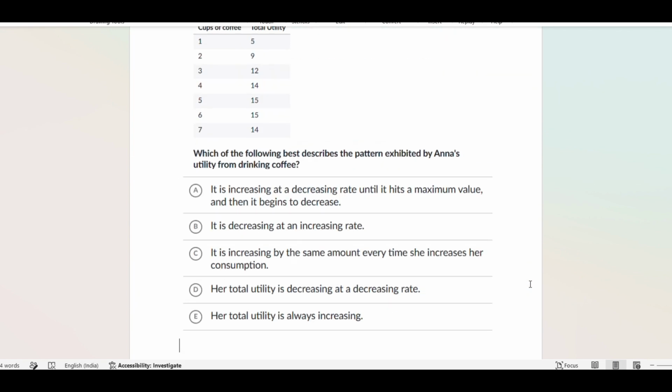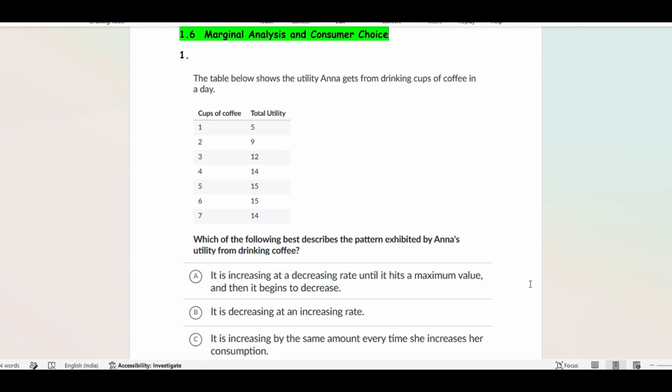Then I moved to the marginal analysis thing, and that was the table I had given you. Given this table, which of the following best describes the pattern exhibited by Anna's utility from drinking coffee? That's very simple. You have the cups of coffee and total utility. What you have to calculate is the marginal utility.